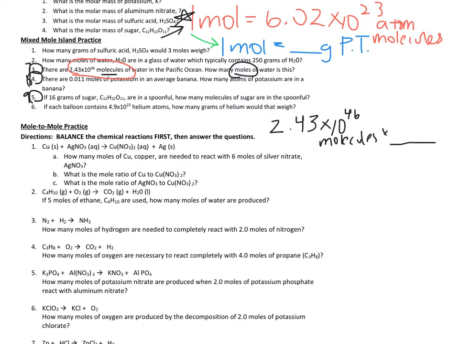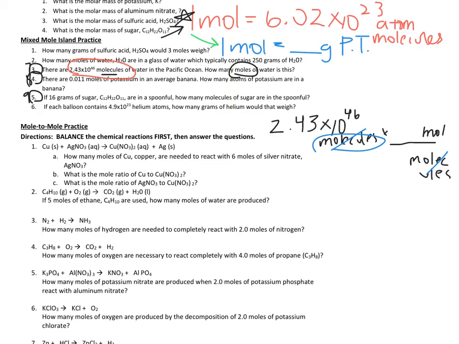To convert between moles and molecules, we're going to use that first top one. We need to make sure that whatever our beginning unit is, in this case molecules, is on the bottom of our conversion factor so that it will cancel when we do our math. So molecules goes on the bottom so they'll cancel, and then we'll have moles on top.